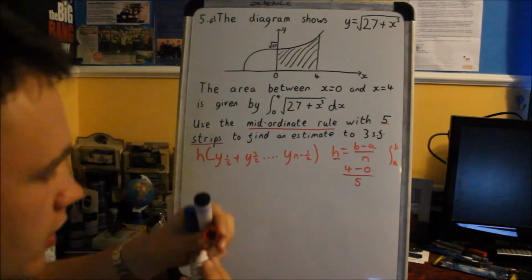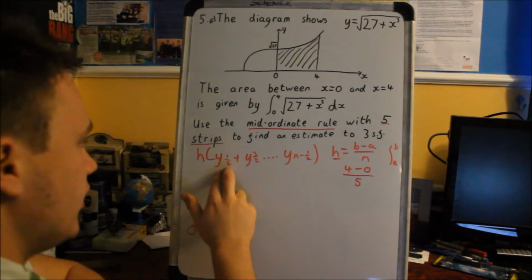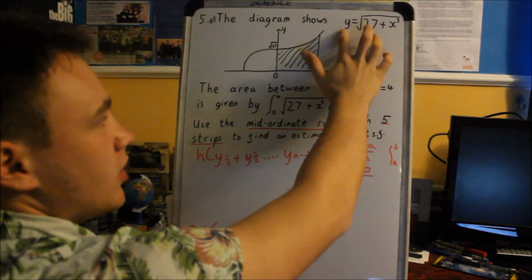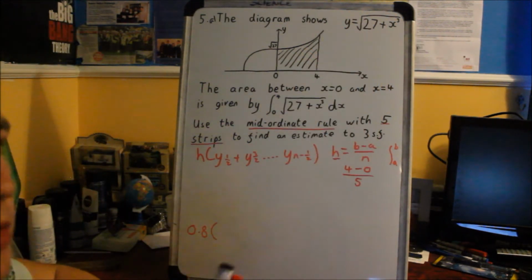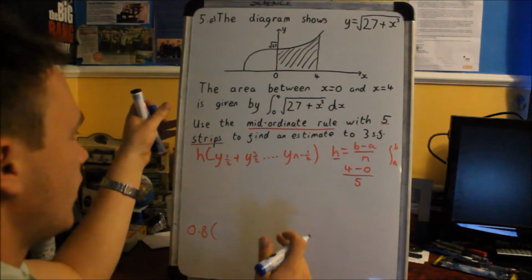Now comes the question of what is our y half, our y 3 over 2 and so on. To get our various y values we need to put various x values into this top equation to get the y value. So first we need to decide what x values to put in before we can work out our y values.